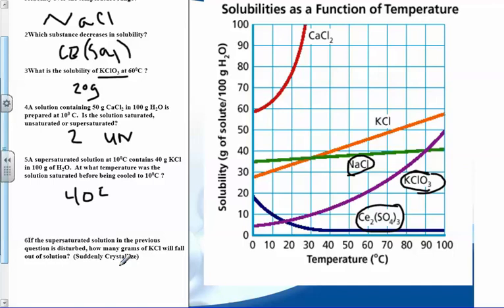So if that supersaturated solution in the previous question is disturbed, how many grams of potassium chloride will fall out of the solution? So here we want the total number of grams that's going to fall out. So we're going to take the total number in the solution at 40 degrees.